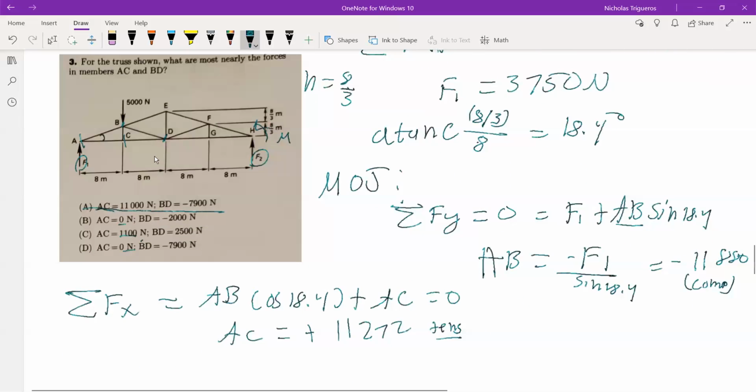Because you have AB, you need BC, and you're going to need BE as well, just to get BD, because they're all at angles. It's kind of a mess. And you don't have anything on the A side to get BE. So I feel like you'd probably have to get F2 and then go from there.